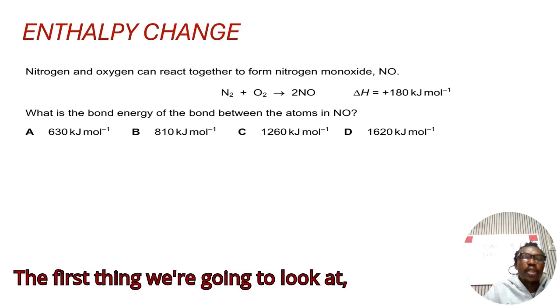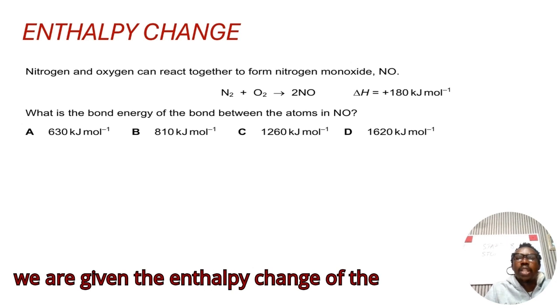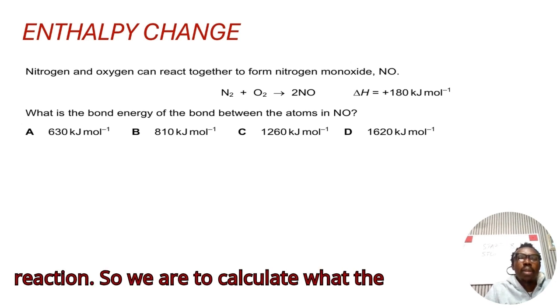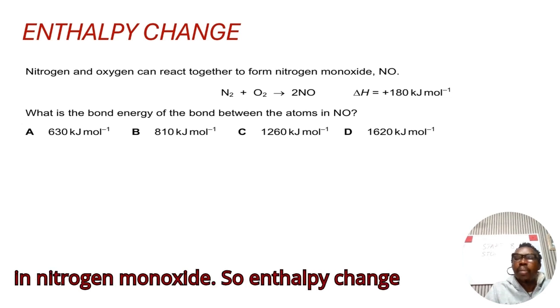So the first thing we're going to look at, we're given the enthalpy change of the reaction. So we have to calculate the bond energy of the bond between the atoms in nitrogen monoxide.